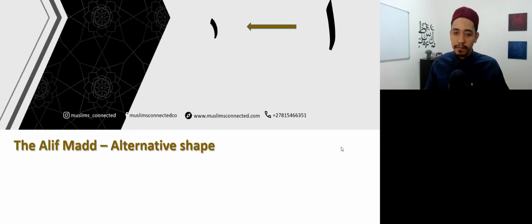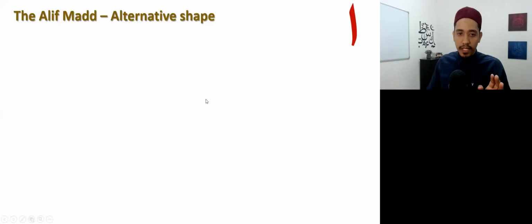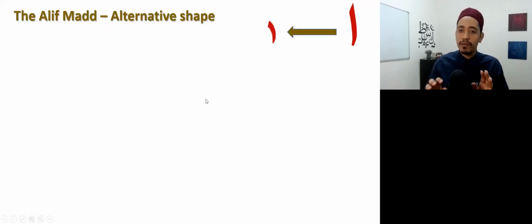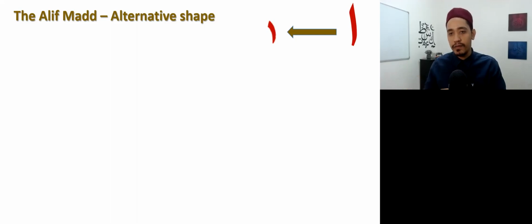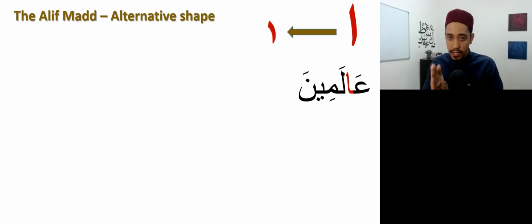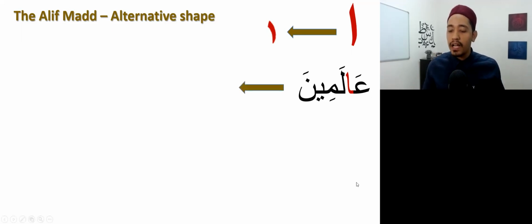Now let's see. If you look at the alif mad, we said it takes the shape of a mini alif. So look at this word over here. All the examples I'm going to use in this one are found in Surah Fatiha, so you go back to Surah Fatiha and take note of this. Let me read this for you. Alamina.